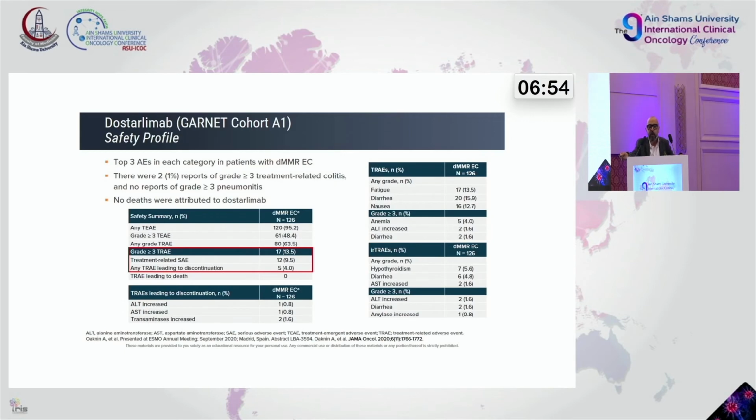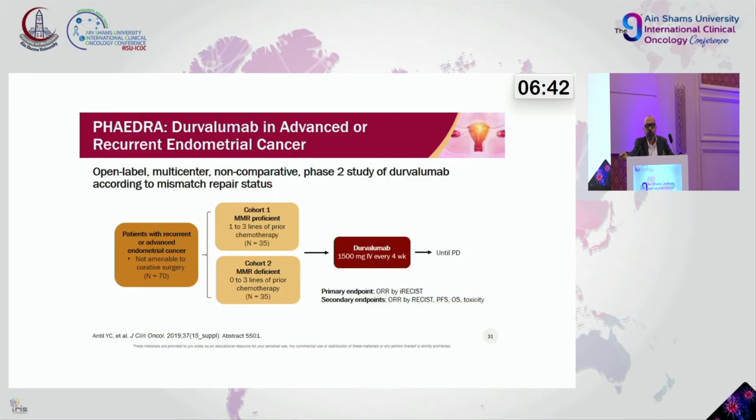Regarding the safety profile, there was only 1% report of grade 3 or higher treatment-related colitis and no reports of grade 3 or higher pneumonitis. And no deaths were attributed to the dostarlimab. Another trial is the PHAEDRA trial of durvalumab with 2 cohorts.